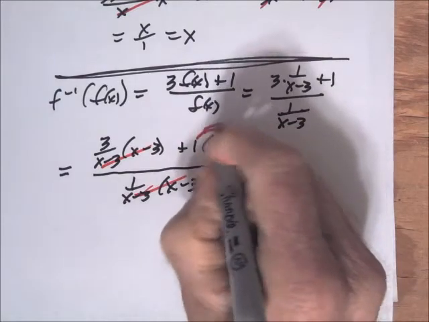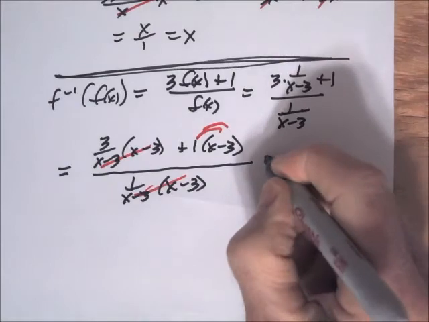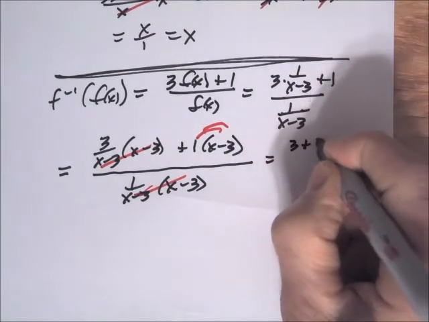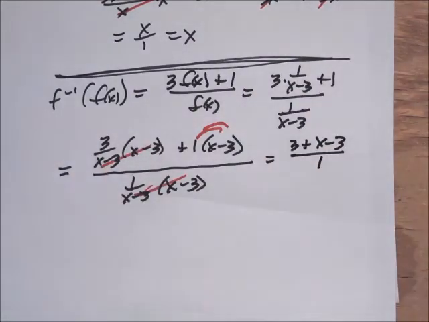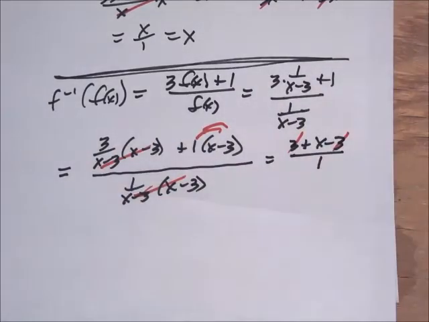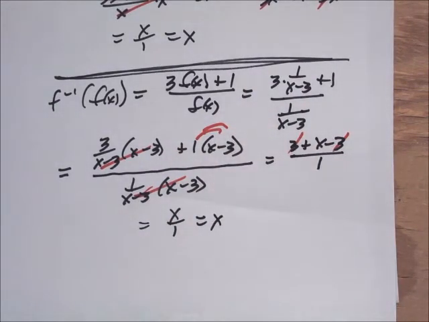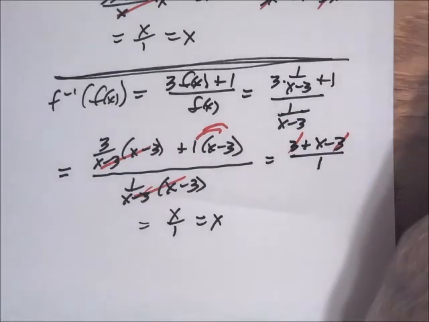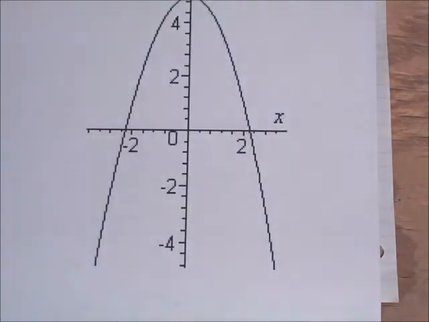We can distribute the 1, and this will give us 3 plus x minus 3 over 1. 3 minus 3 will cancel, and that gives us x over 1, which is equal to x. And that's what we would expect. If we did everything correctly, f inverse composed with f should equal x.